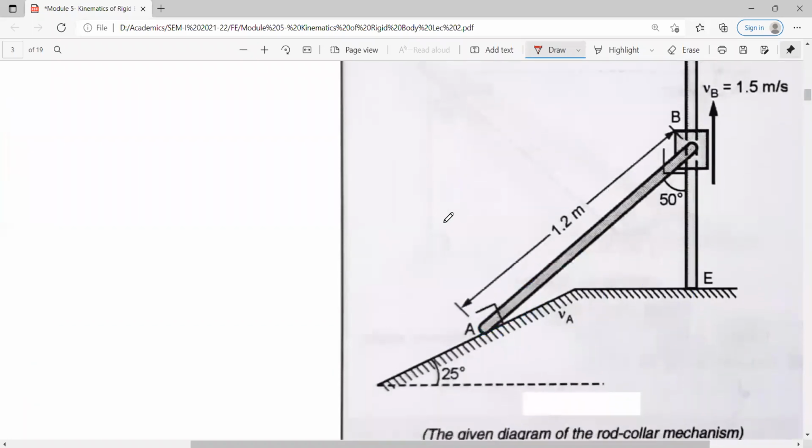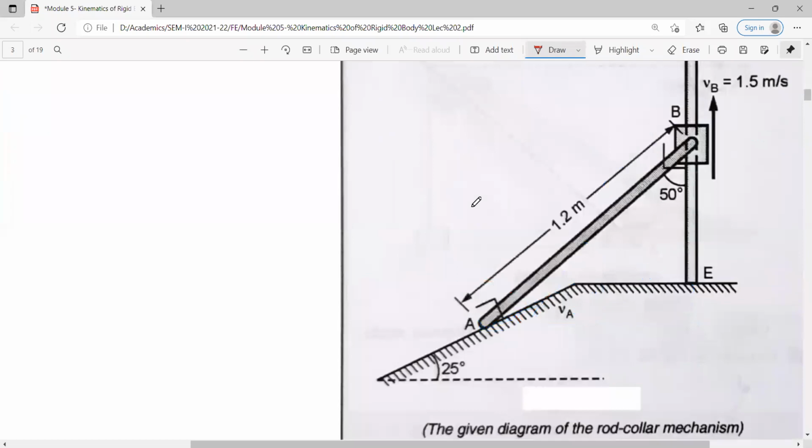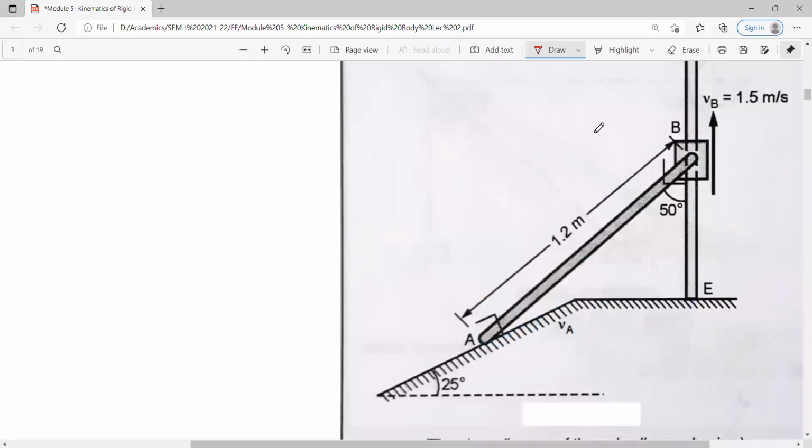See, it is the geometry. Now, first we located the ICR.